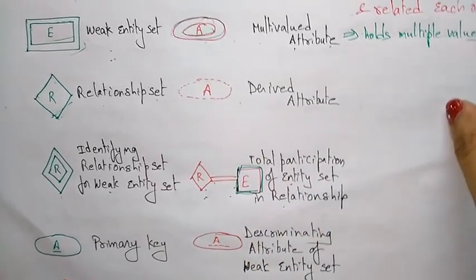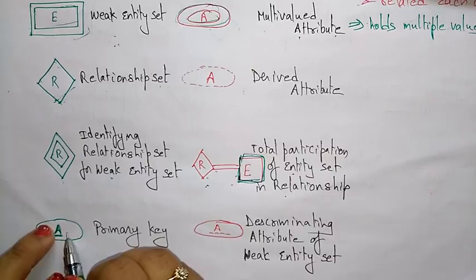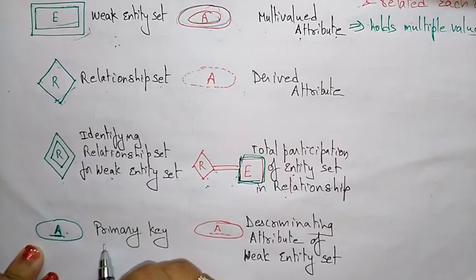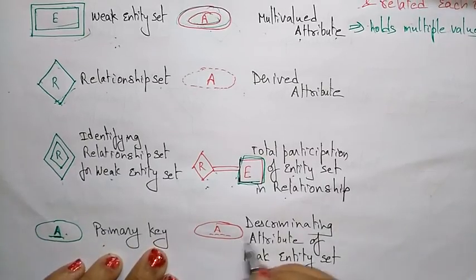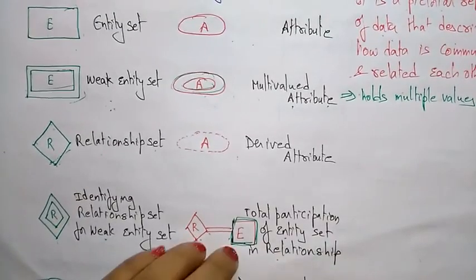And if you want to represent a primary key, you have to write like this. Here you mention the attribute, the field name, with a line indicating the primary key. If it is a dotted line, it is the discriminating attribute of a weak entity set. And let us see some more components.